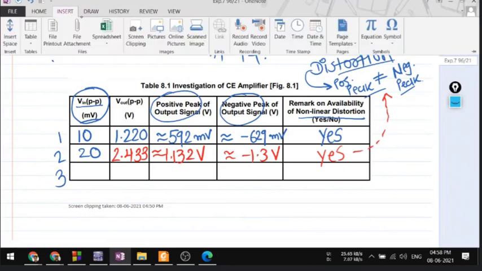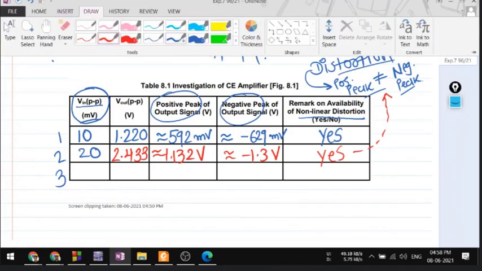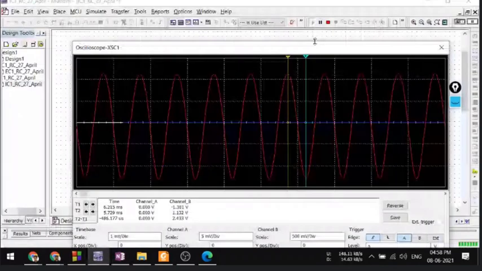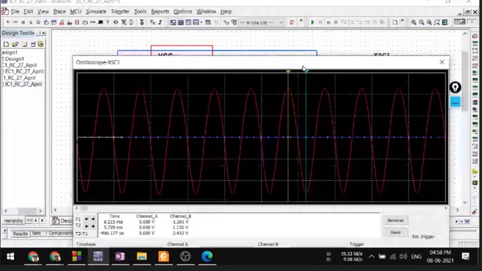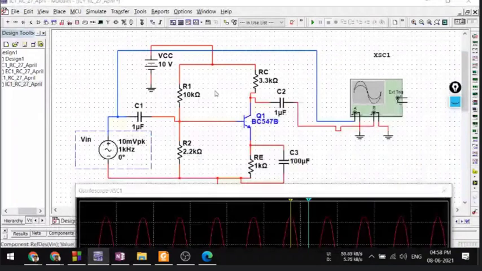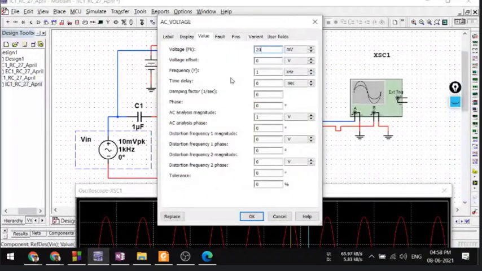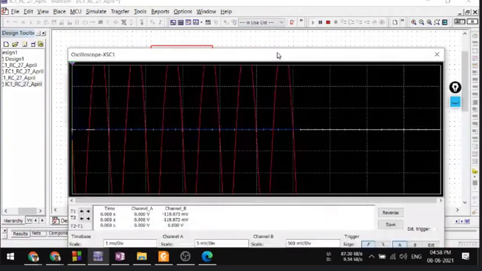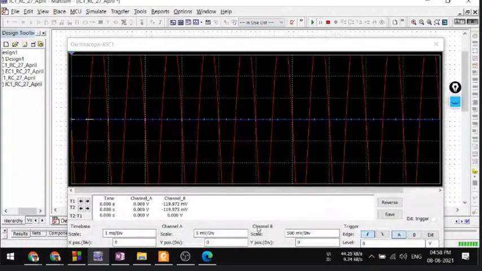Student, let us take the next reading. I will do 40 millivolt peak to peak, right? So 20 millivolt peak. Instead of 10, I am saying 20 millivolt peak. I am rerunning it. I will pause it and decrease the scale.